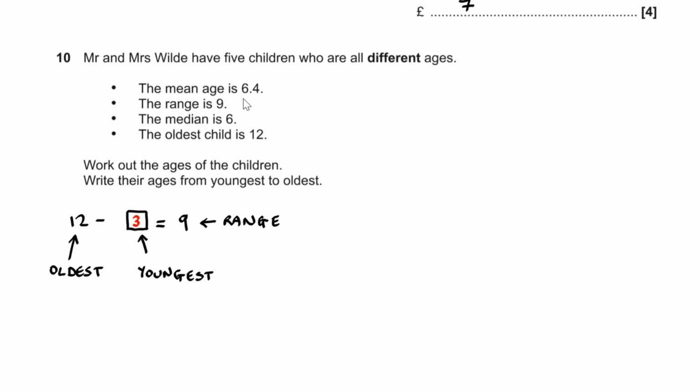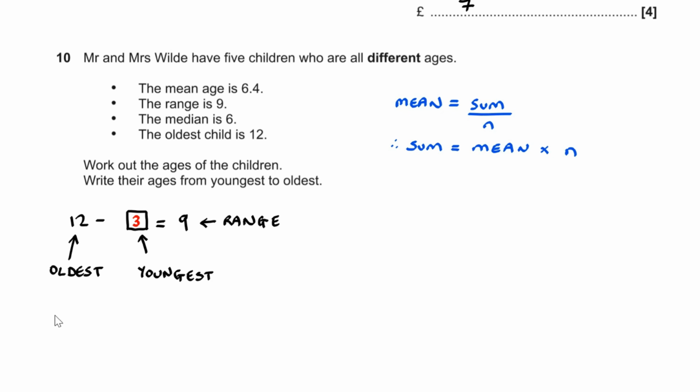Well, we've been given that the mean age is 6.4. Now to work out the mean, it is equal to the sum of all their ages divided by n, and therefore the sum of their ages is equal to the mean multiplied by n, where n is the number of children we have. We have 5 children.